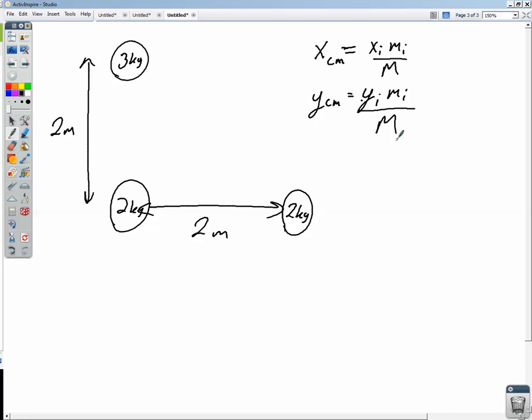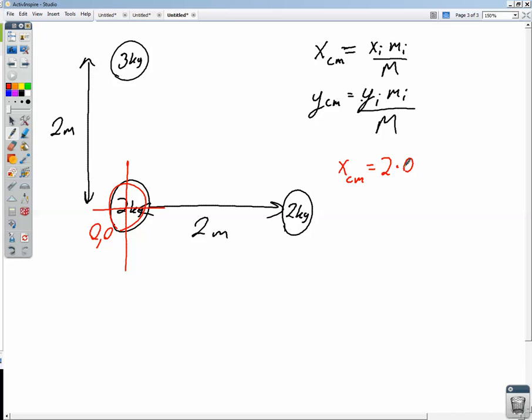Now, you got to pick your origin, as always, so probably makes the most sense this time to pick our origin right here, 0, 0. So let's first find the x center of mass is equal to, let's see here. So first for this mass right here, we have 2 kilograms times 0, because he's 0 units away, 0 x units away.